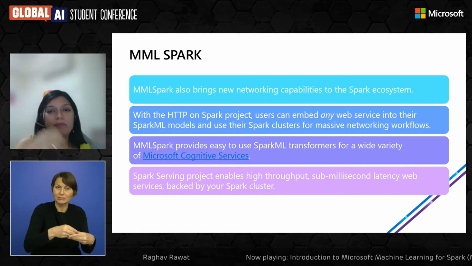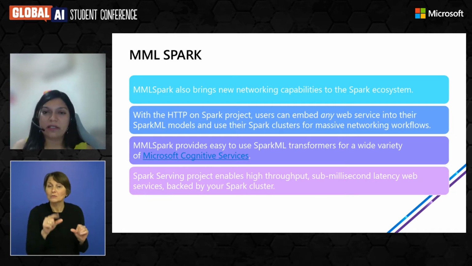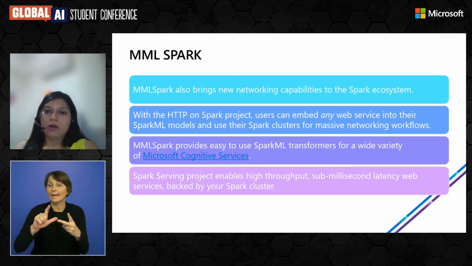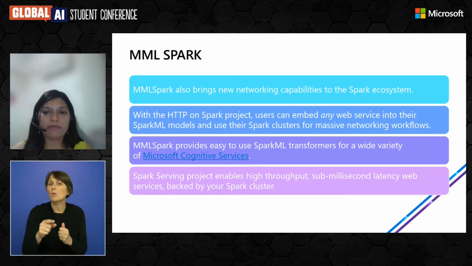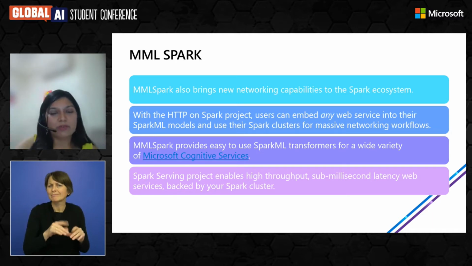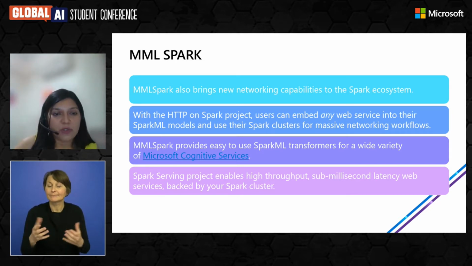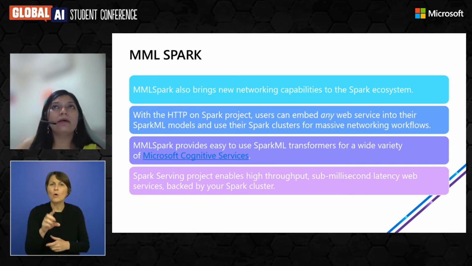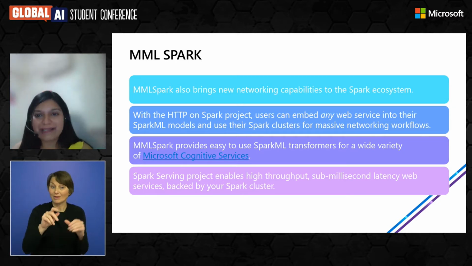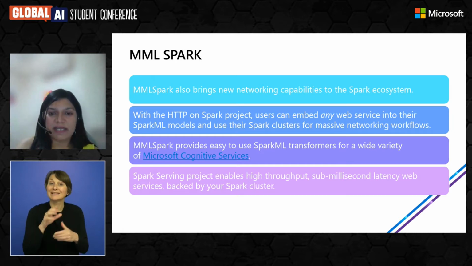The web service could be cognitive services which you have created, or a machine learning model which you have deployed with AutoML on an Azure container instance or somewhere, ready to use. So you can embed any web service into your Spark ML models, and because we are talking of Spark, huge data and clusters, you can also network between your Spark clusters very easily.